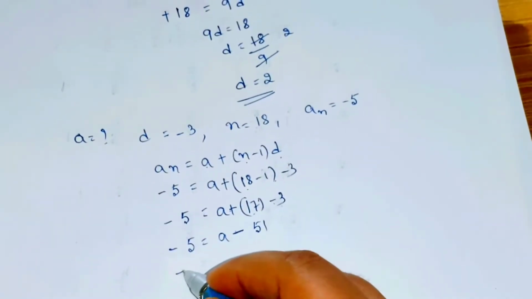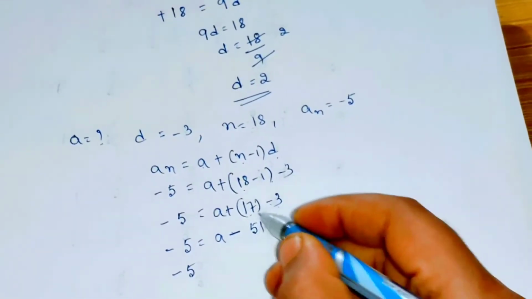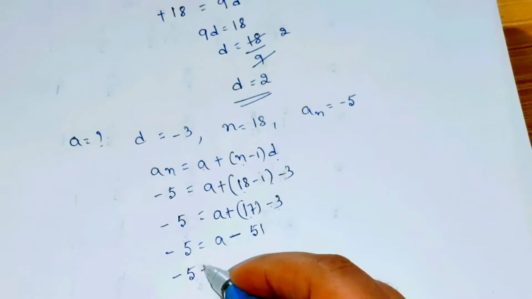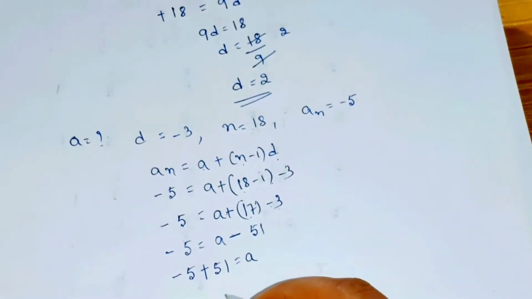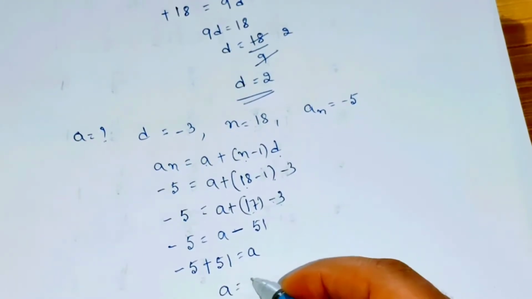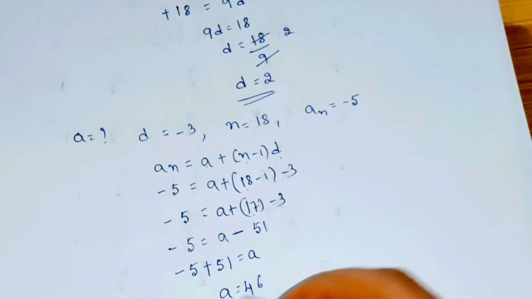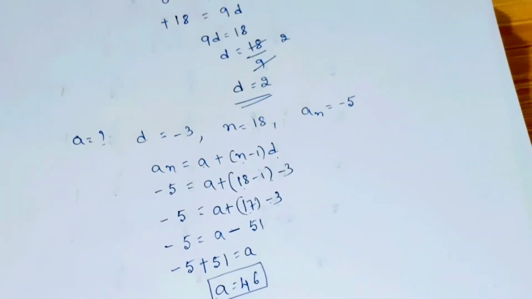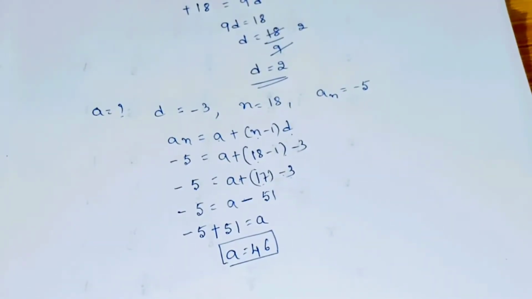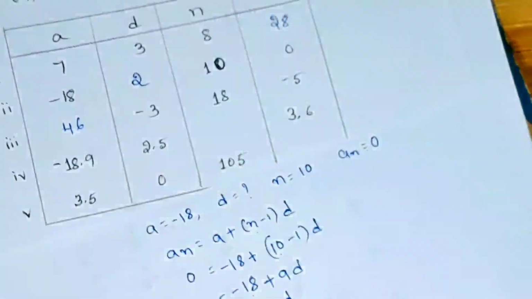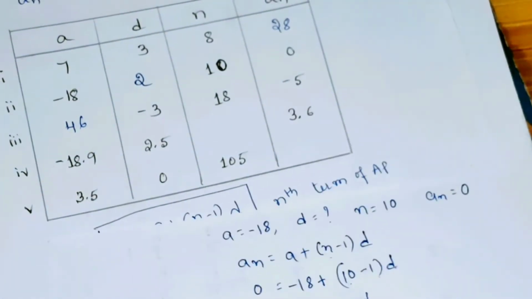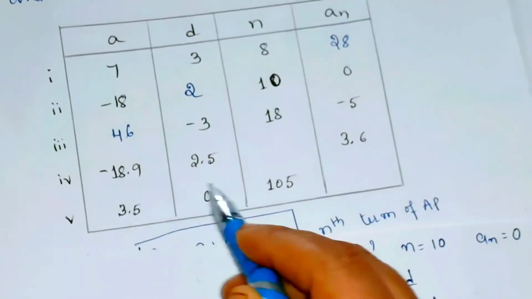Then minus 5, if I shift this 51 to this side, it will become plus 51 is equal to a. Then a is equal to 46. Now the first term is 46. Substitute this value in the blank, that is 46.